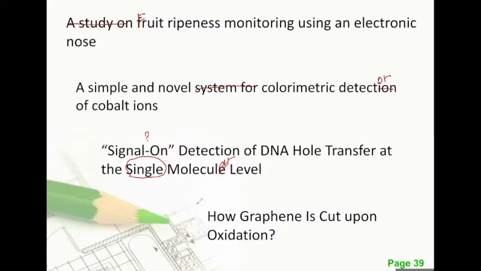Now, last title, how graphene is cut upon oxidation. Tama ba to? So this is a question. So grammar lang, how is graphene? How is graphene cut upon oxidation? Okay. Now, before, they do not allow questions in the title.